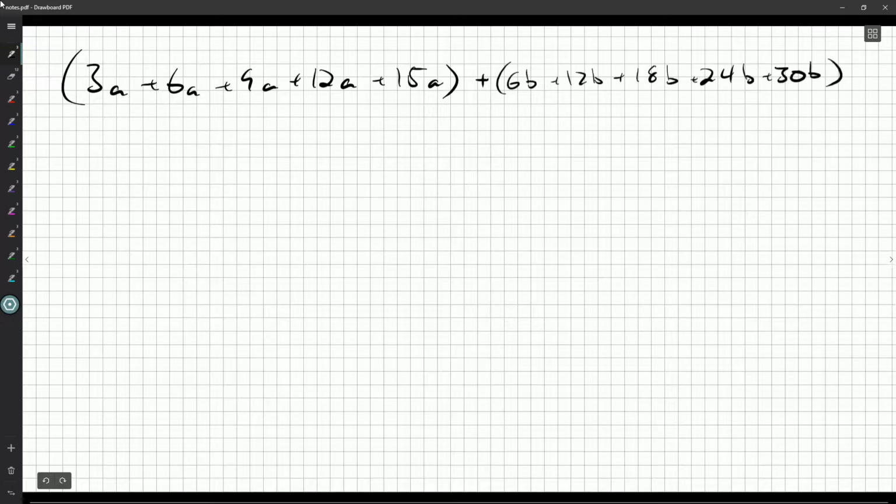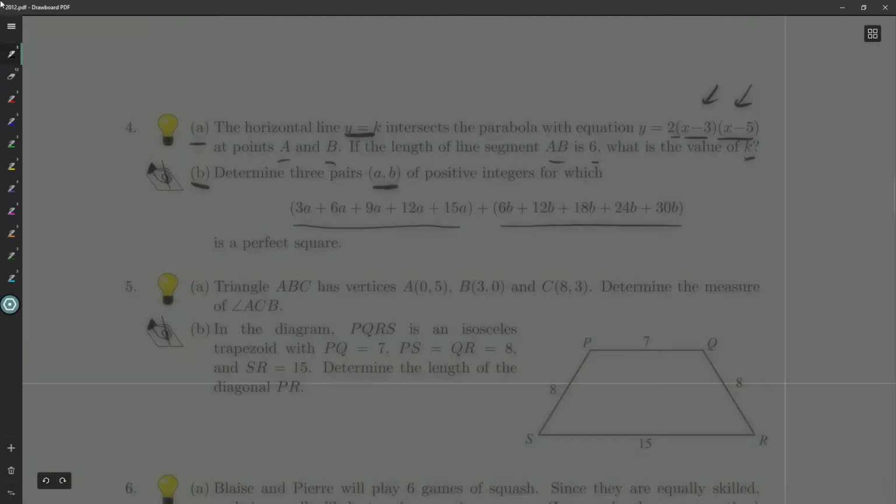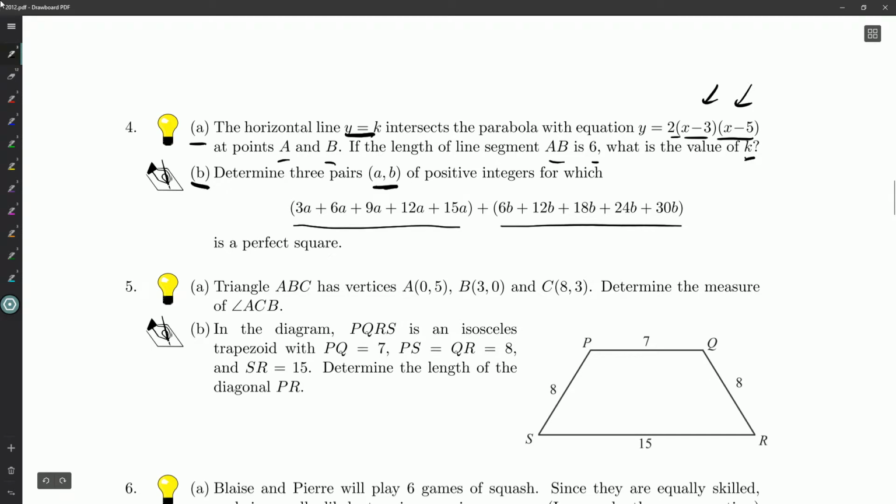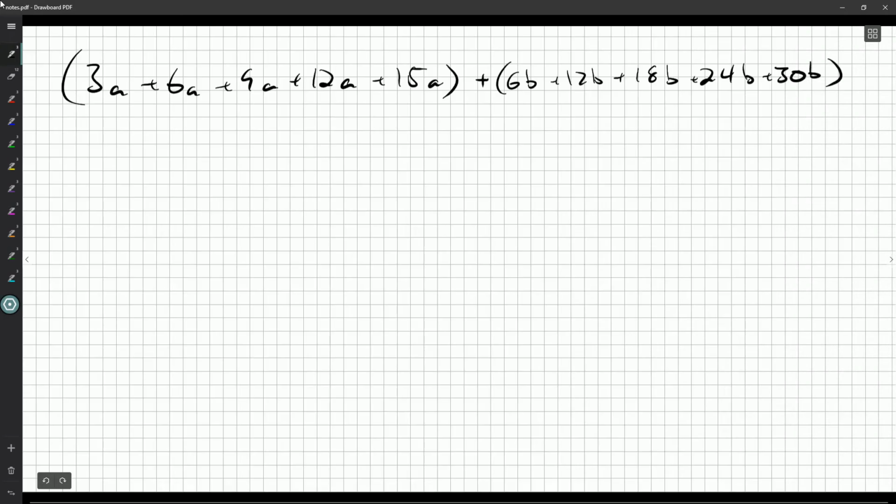What can we do? Well, I don't really see why these are separated into A's and B's other than to make the question ever so slightly longer to do. 3A plus 6A is 9, plus another 9A is 18, plus 12 is 30, 45 A's. And over here, we'll add up and we'll get 90 B's. So we could take out a factor of 45.